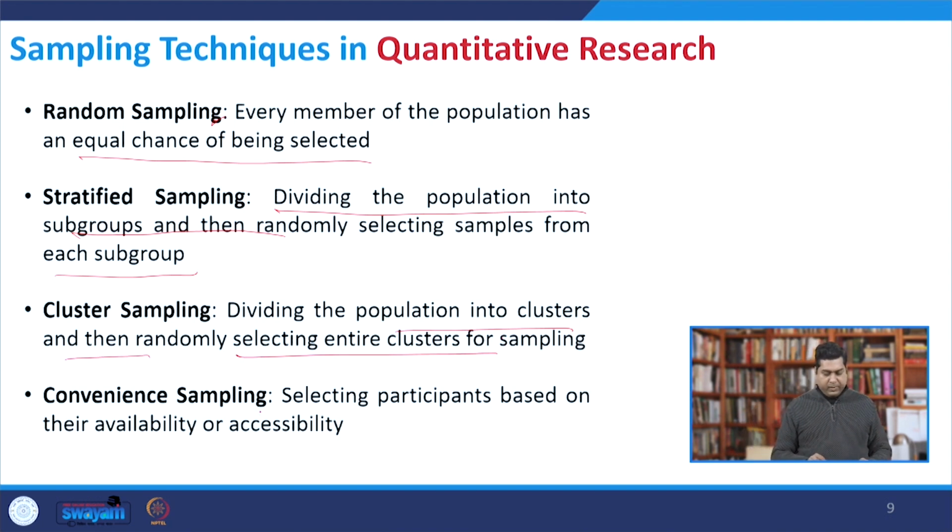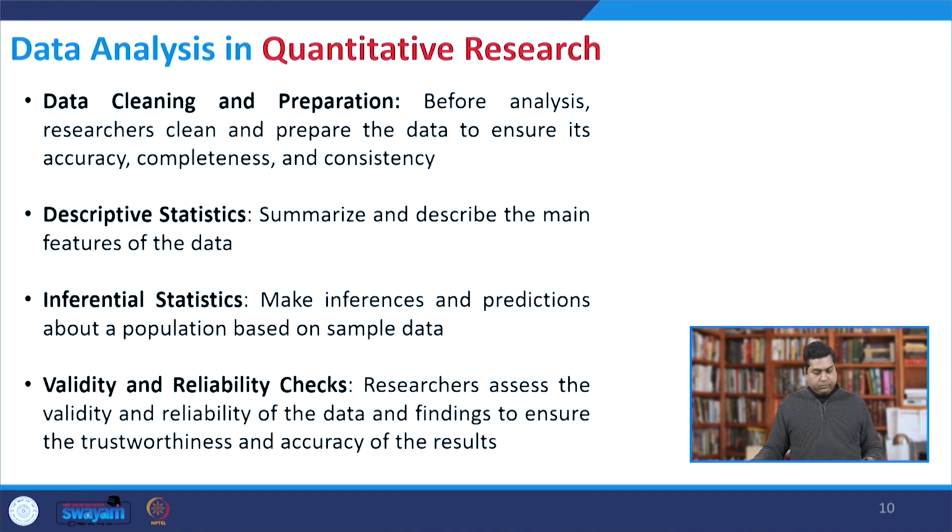Or it can be convenience sampling, where selecting participants is based on their availability and accessibility. Each of them has certain advantages and disadvantages that we have discussed in the sampling techniques PPT. If you have not gone through it, please go through it. If you have any questions further, write them in the forum.